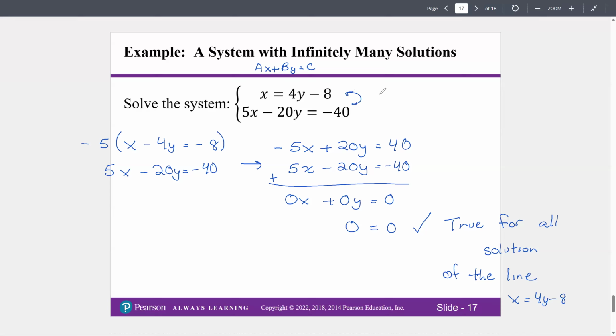So the lines are the same, and we would say we have infinite solutions. All our solutions are just going to fall along the line because they're going to be the same line.